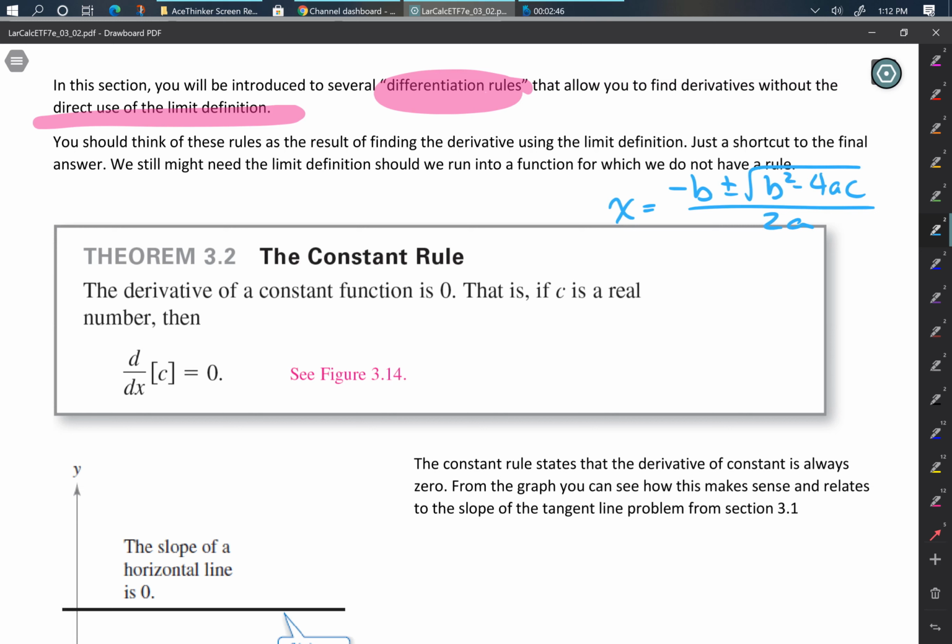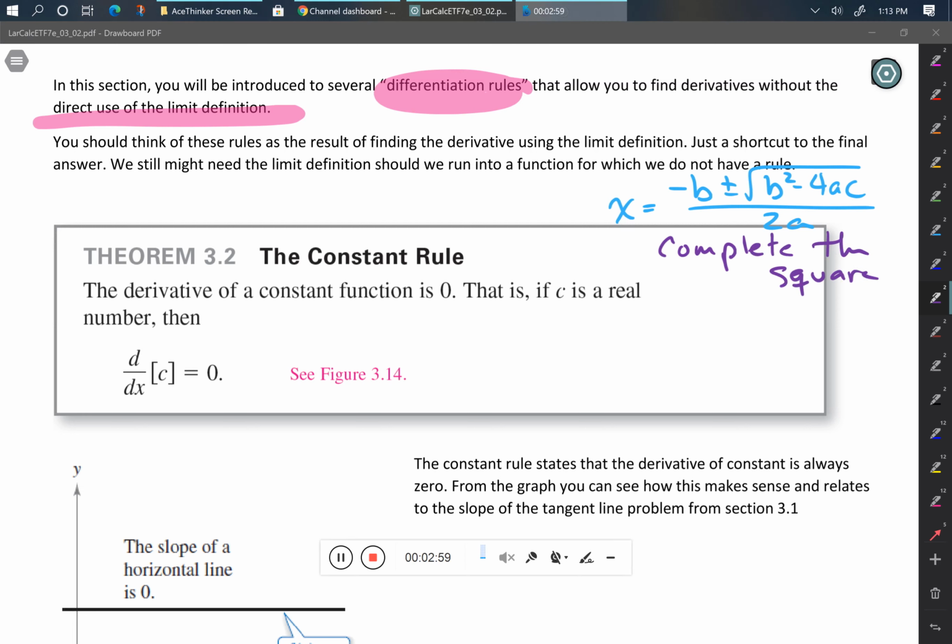This came from completing the square, in case you're wondering where that came from. All right, so while we occasionally might still need to use that limit definition, we don't want to have to use it if we don't have to.